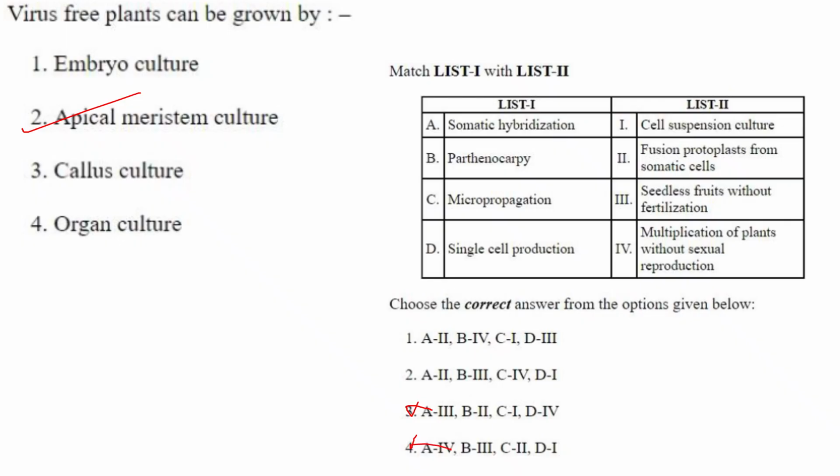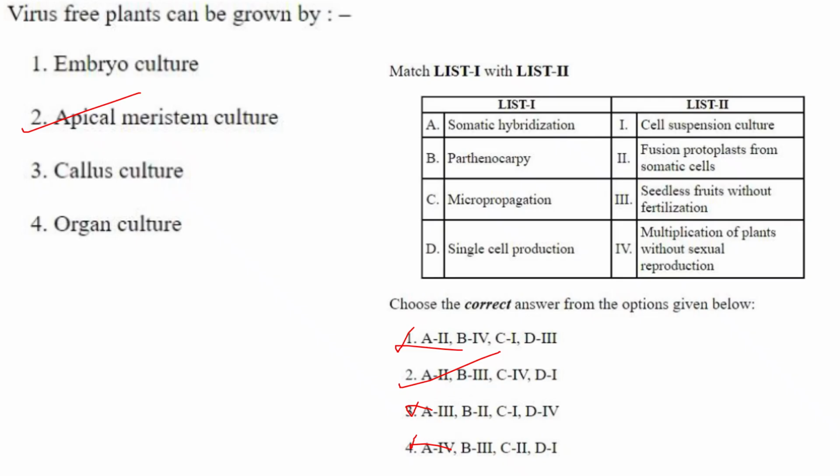Then parthenocarpy means without fertilization you are producing fruits. So seedless fruit without fertilization, so B3. Okay, so 2 is the answer. Then micropropagation means multiplication of plants without sexual reproduction, so C4.